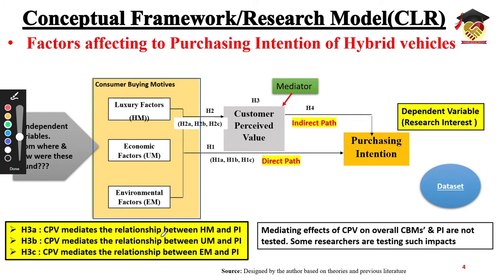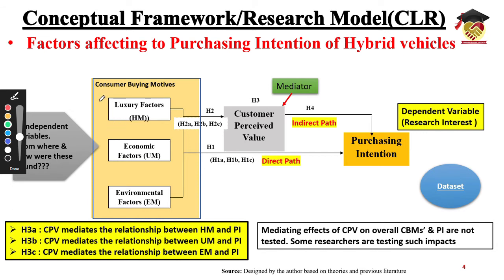That means the mediating effects of the CPV on the relationship between HM and PI, UM and PI, EM and PI. You have to test thrice to get the mediating effects of these three variables, as I told you very clearly.